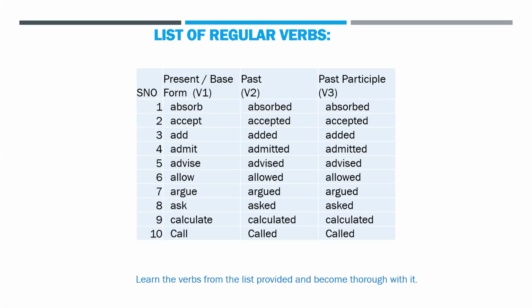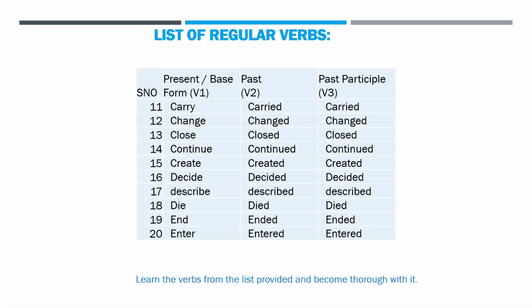So argue, argued; ask, asked; calculate, calculated; call, called; carry, carried; study, studied, right? Change, changed; close, closed; continue, continued; create, created; decide, decided; describe, described; die, died; end, ended; enter, entered.